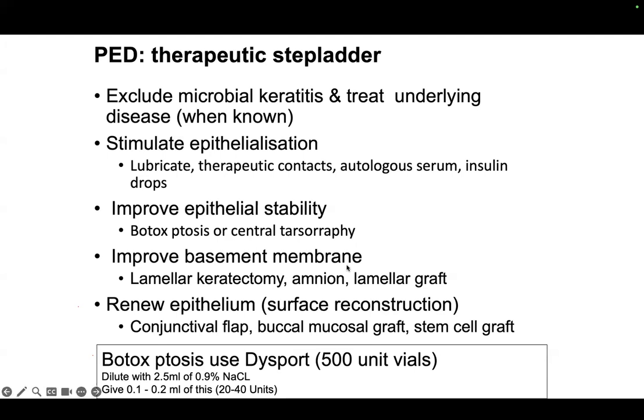We might consider things like refining lamella transplants or amnion to give a new surface and protect the surface whilst it's healing. And in more extreme cases, you might find yourself undertaking surface reconstruction surgery. But it's usually the simple things that are effective.